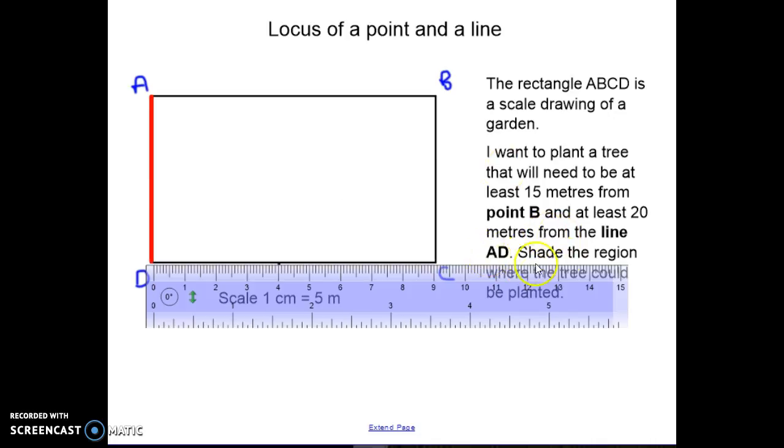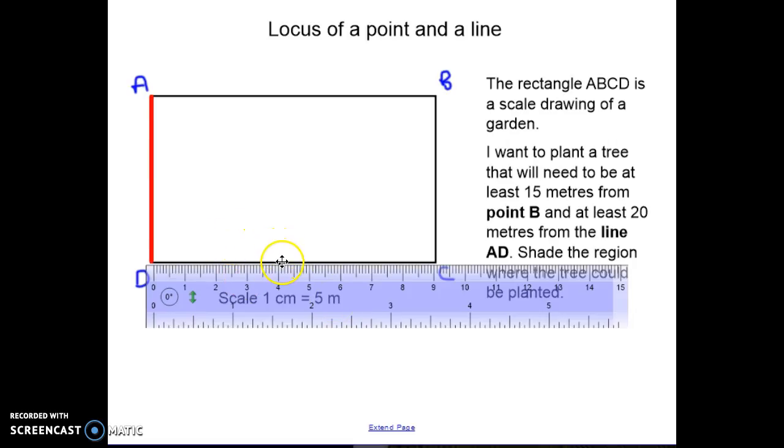It doesn't matter which order I do these. If I do the line part first, at least 20 metres from line AD, I need to draw something that represents the set of points that are 20 metres away from AD. Now, that is going to be a parallel line to AD, 20 metres away. Using my scale, 20 metres is going to be 4 centimetres because 5 goes into 20 4 times.